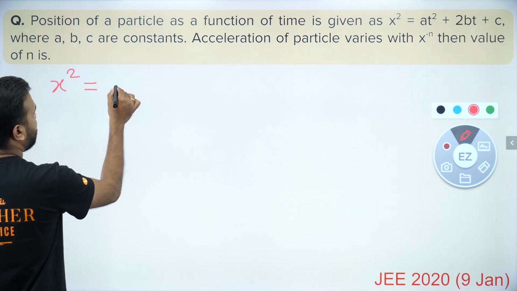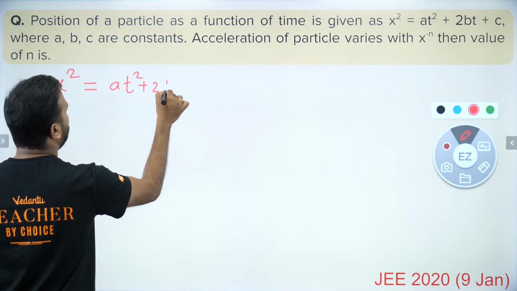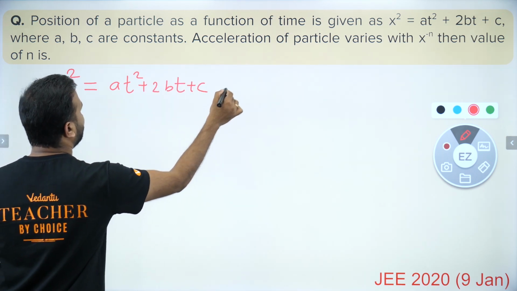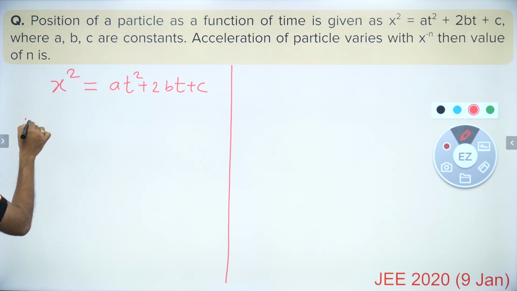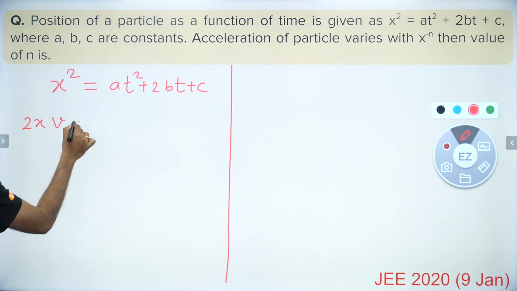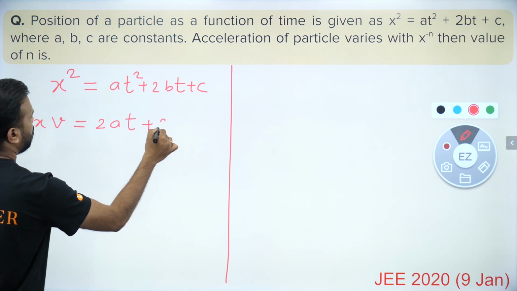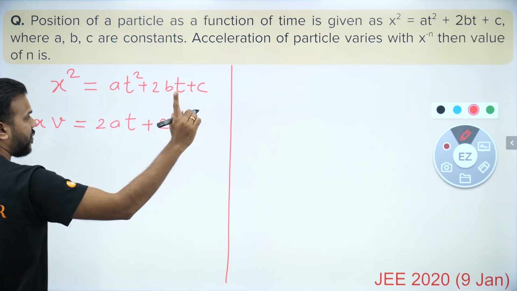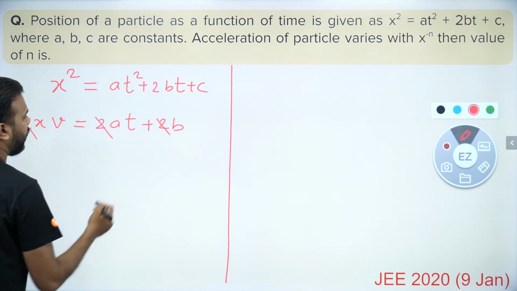So x square is given to you as at square plus 2bt plus c. If I differentiate it, I will have 2x dx by dt, which is v, equal to 2at plus 2b, t differentiation 1, c differentiation is 0. You can see that this 2 gets cancelled.